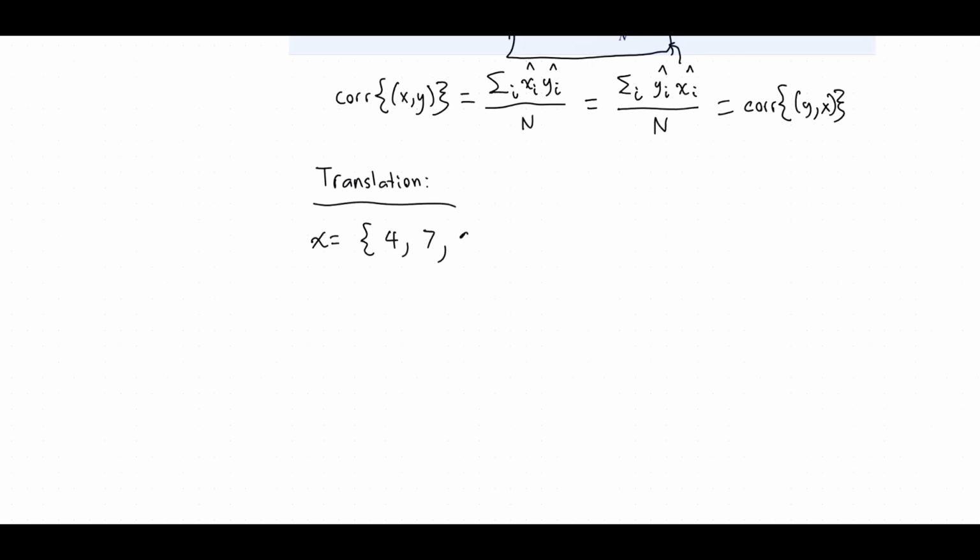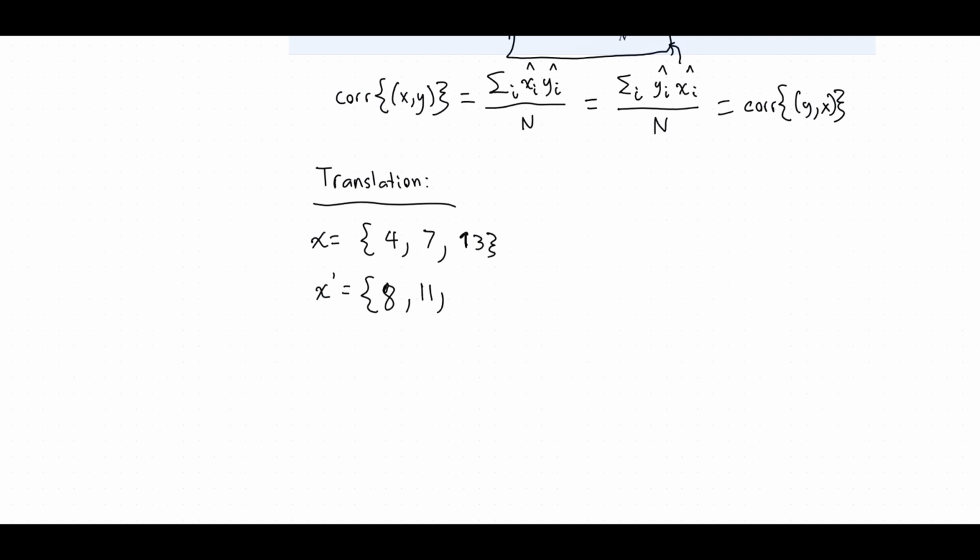Maybe 13. It'll make for a bit of nice means. So if we translate the data set by 4, and that means just add 4 to each element, our new x is going to be, we'll just call that x prime, maybe. It's going to be 8, and then 11, and then 17.